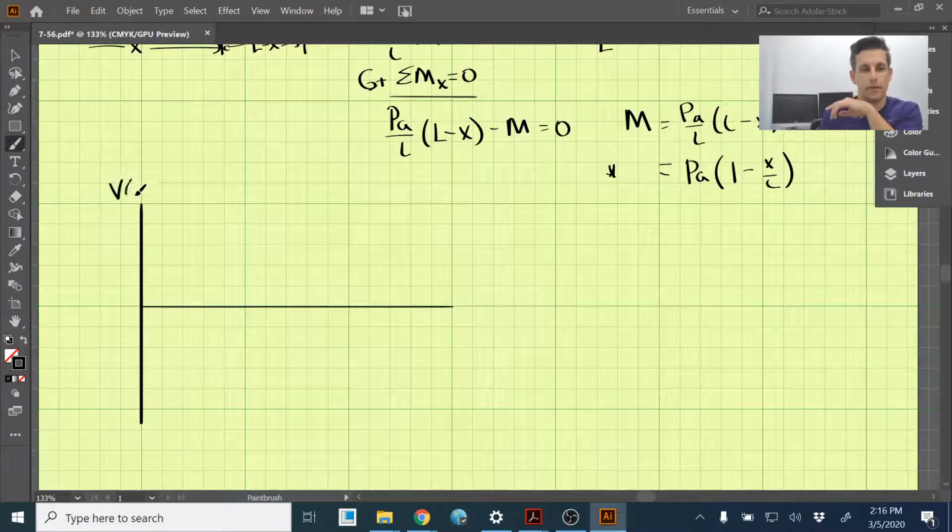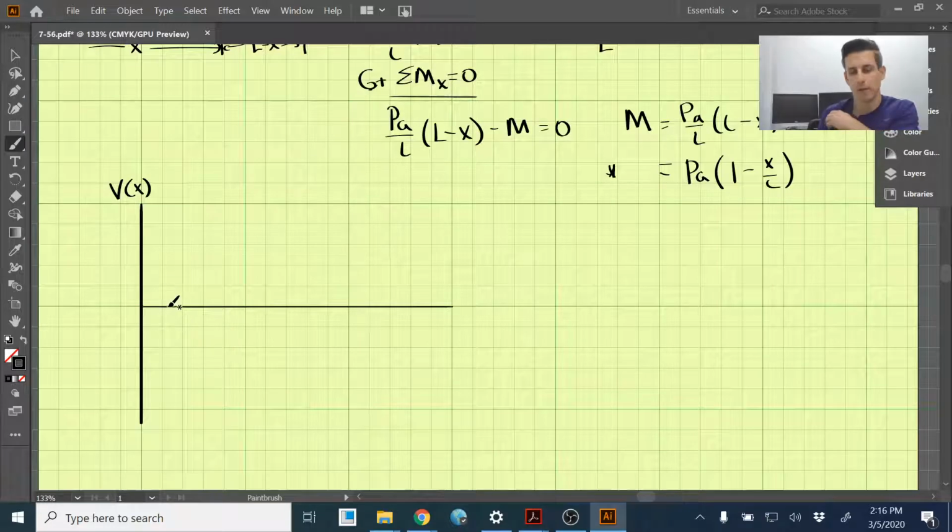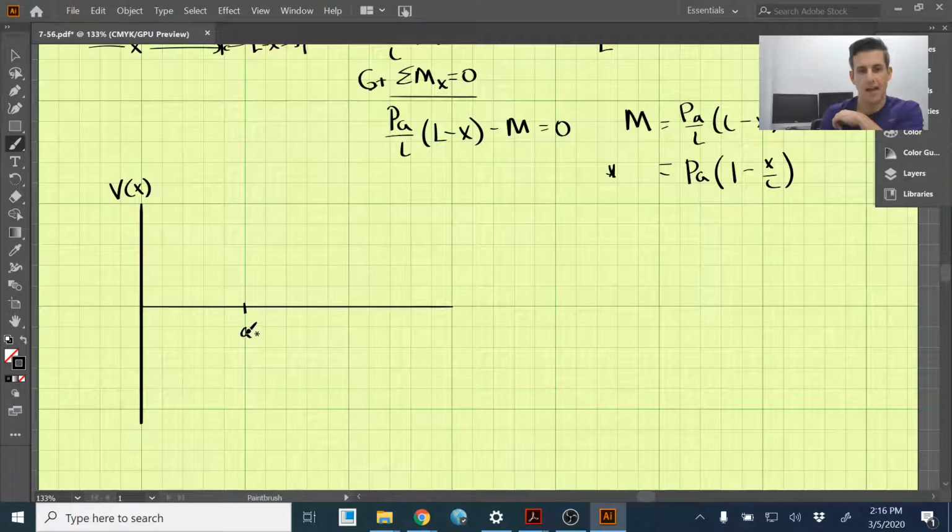All right, so here is the shear diagram, and we can say A is here.